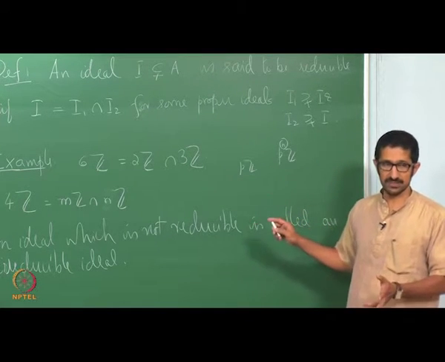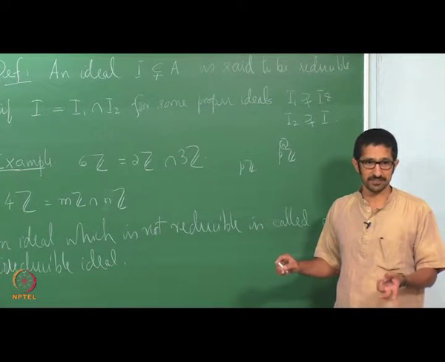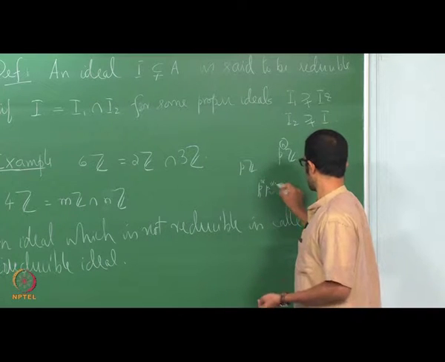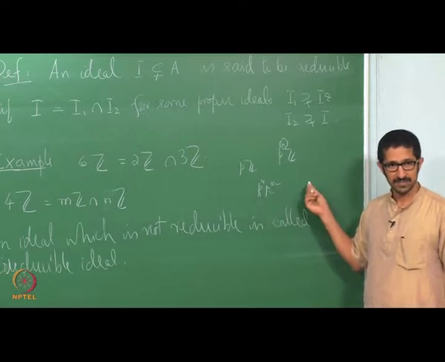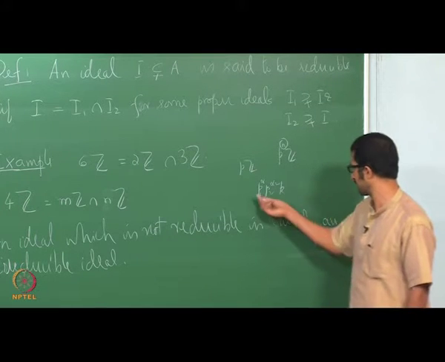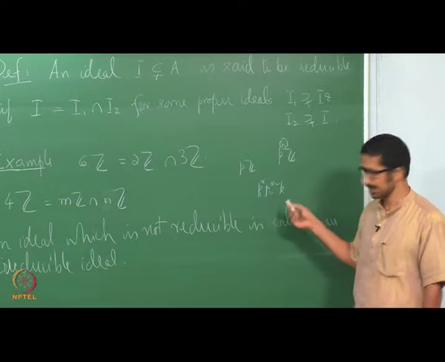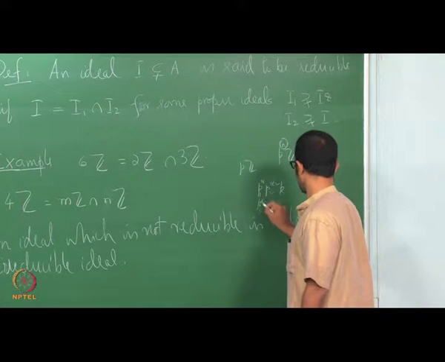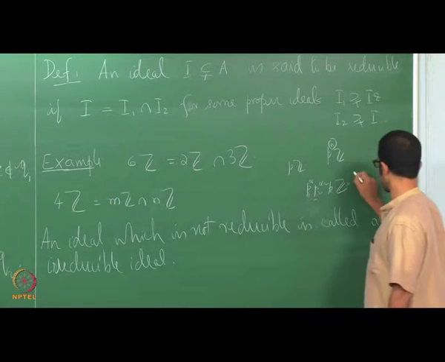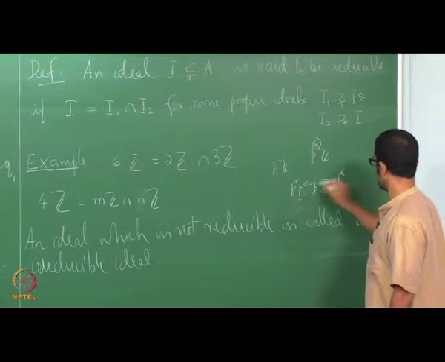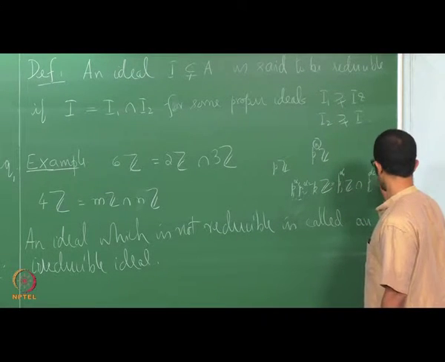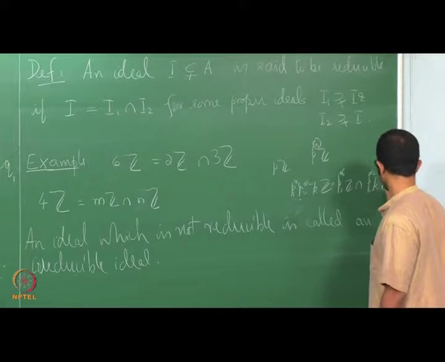Or in other words, what are the irreducible ideals of Z? See, if I can write p1 power alpha 1, p2 power alpha 2, times k, where k does not have p1 and p2 factors, then I can always write this ideal as p1 power alpha 1 Z intersection p2 power alpha 2 k Z, right.